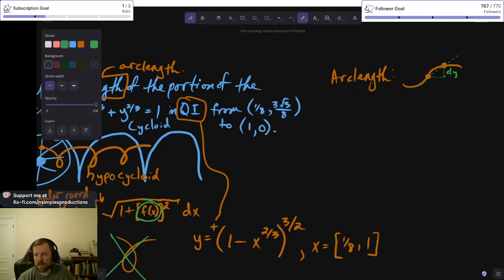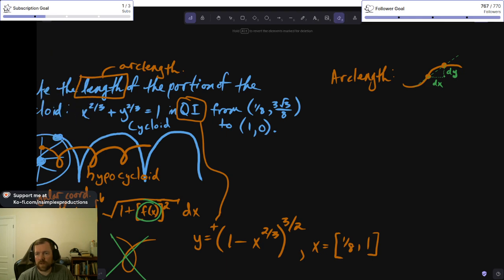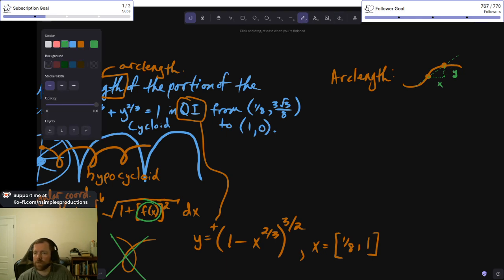This is going to be dy, this is going to be dx, if we're talking about an infinitesimally small amount. If we're talking about something at least finitely large, we do have to generally put in this delta instead of d.